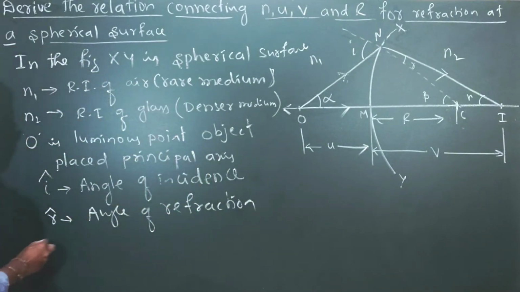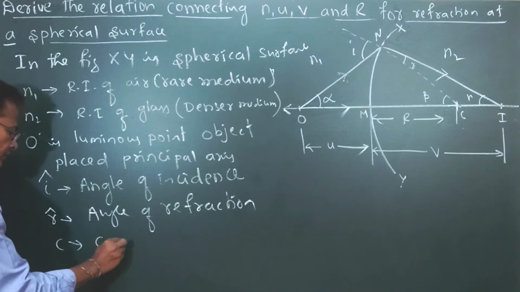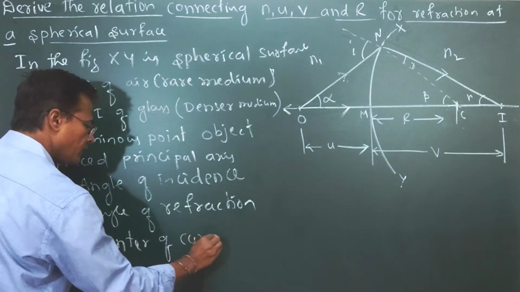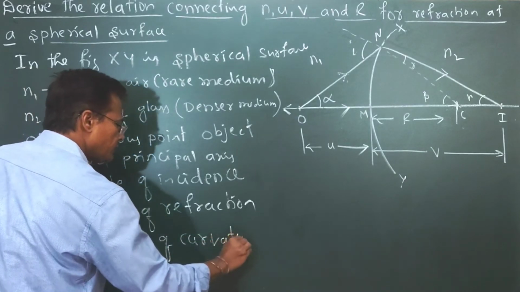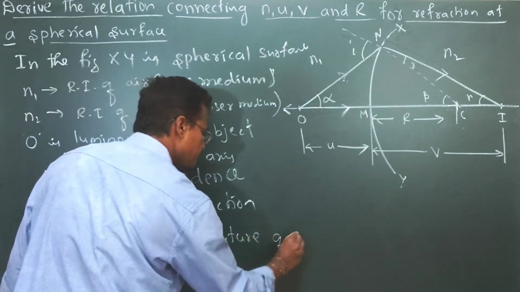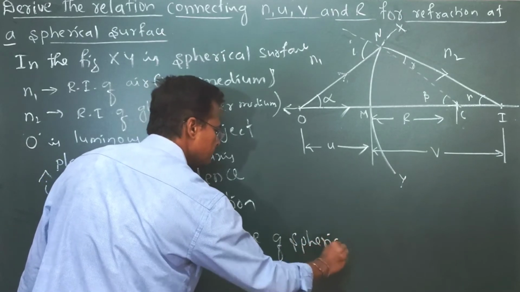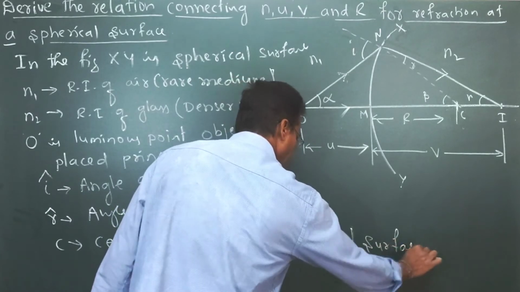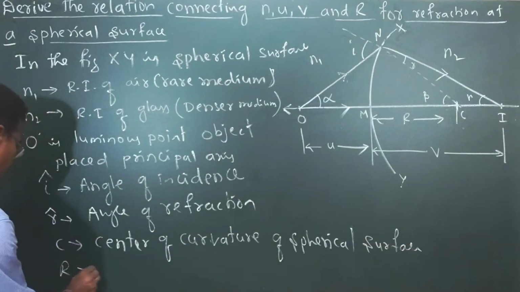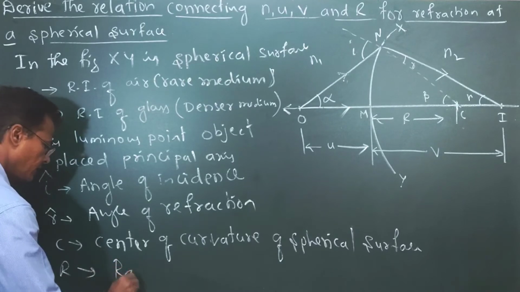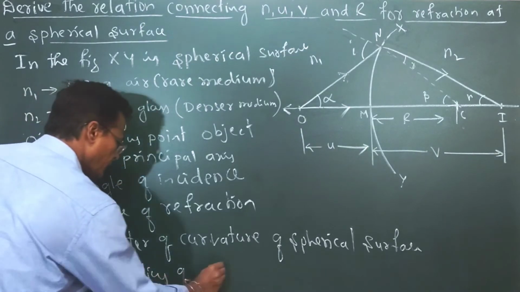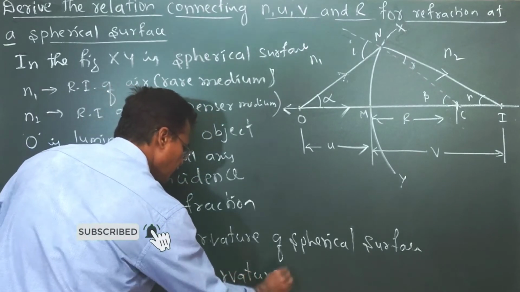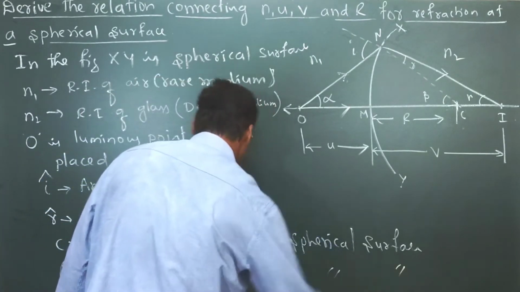And C is the what? Center of curvature of that spherical surface. And R is the radius of curvature of the spherical surface.